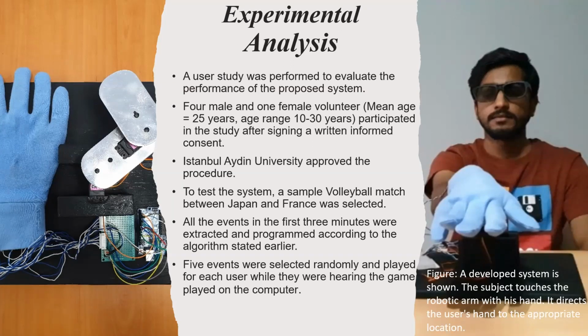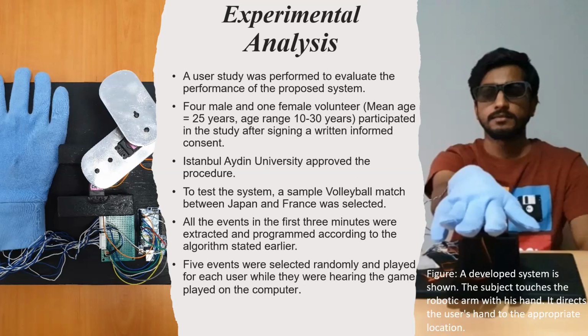A sample volleyball match between Japan and France from the men's volleyball World Grand Champions Cup in 2017 was chosen to test the technology. The first 3 minutes worth of events were all retrieved and coded using the previously mentioned method. There were 26 occurrences in all that were retrieved, including fouls and timeouts.